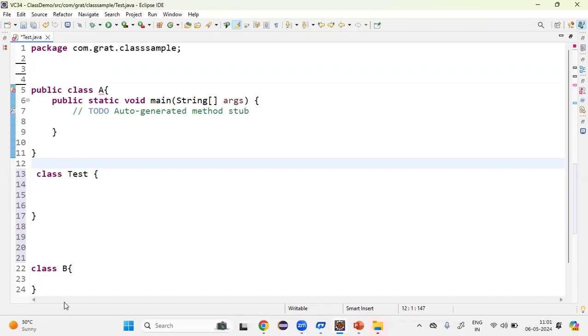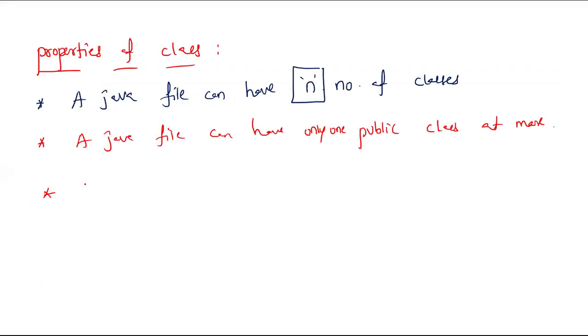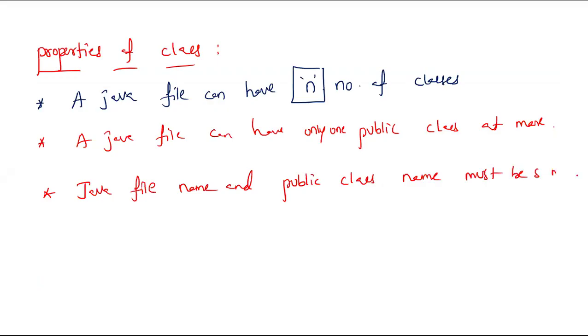What I mean is, the Java file name and the public class name, where a public class means a class with the public access modifier, must be the same. What's the meaning of it? So now if you observe, what's the file name here?